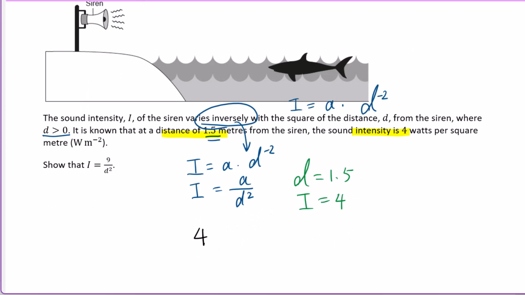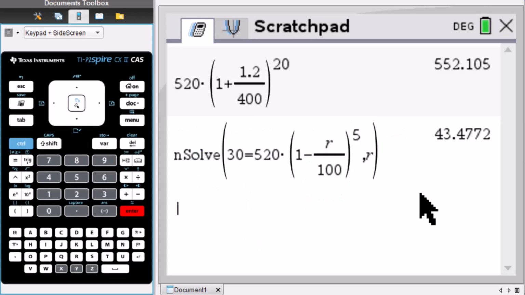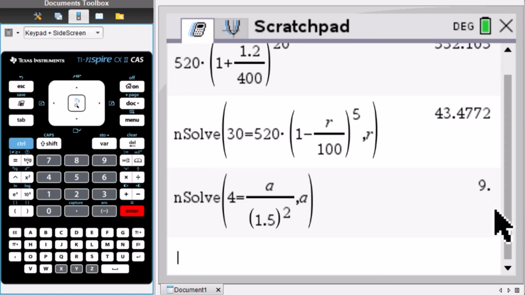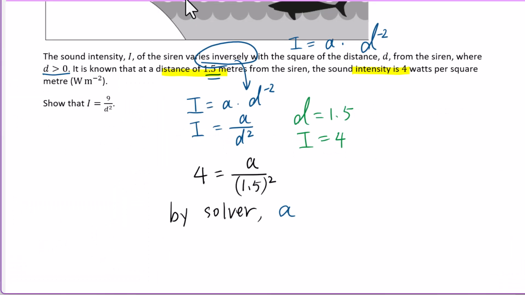I is 4 equals a times 1.5 squared. Type the equation into calculator. Then control menu. Enter, enter, enter. A equals 9. By solver, A equals 9. Then we need to plug back into this equation. So I equals 9 over d squared.